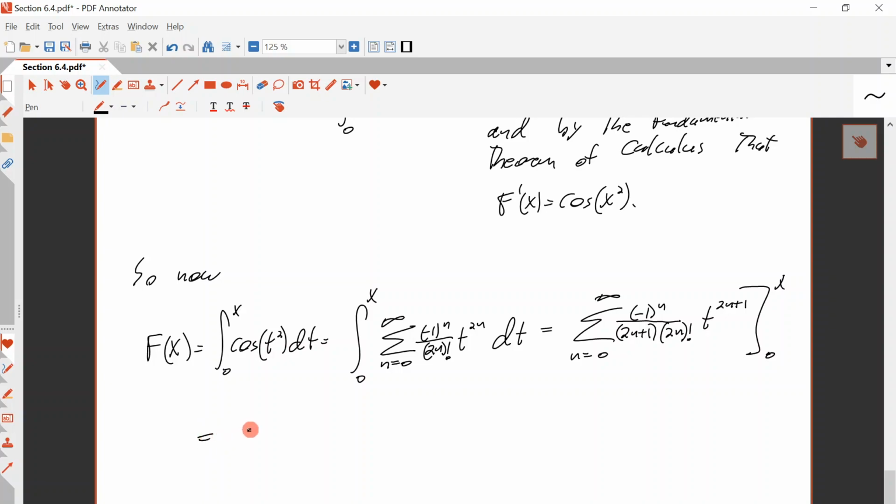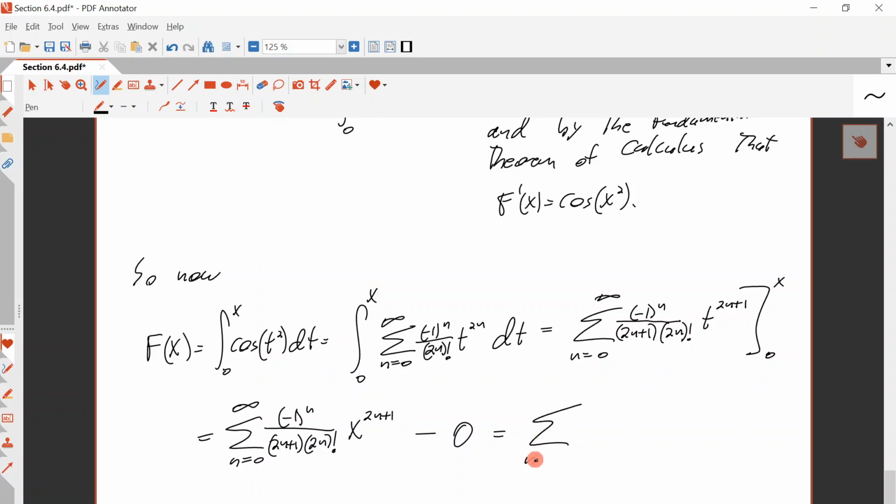So this is equal to the sum n equals 0 to infinity, plugging in x for t, (-1)^n over (2n+1)(2n)!, x to the 2n plus 1, minus, plugging in 0, you just get 0, because there's no constant term there.